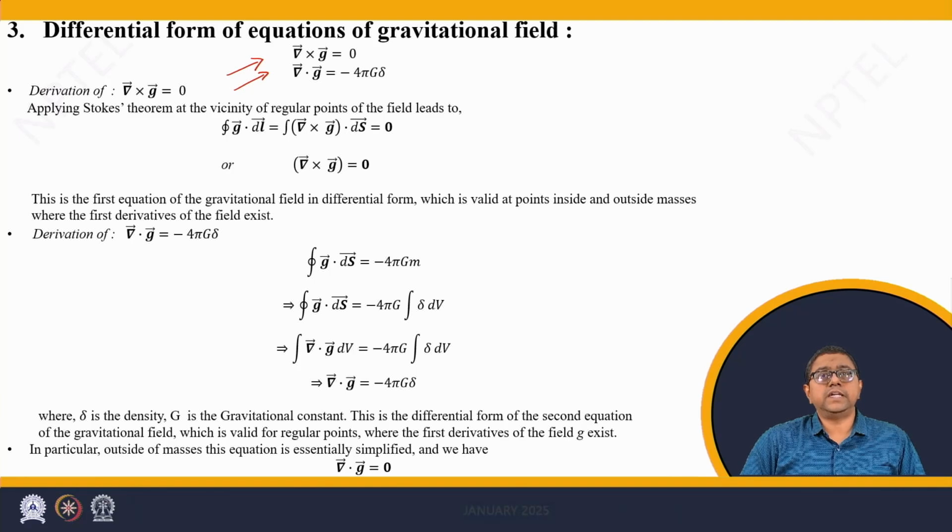The first indicates that the gravitational field is irrotational or curl free, and the second equation gives that the divergence of the gravitational field is negative, which means that the field lines would point inwards towards the location of the source of the gravitational field. So let us look into these in more detail. First, the derivation of curl of g equals 0.